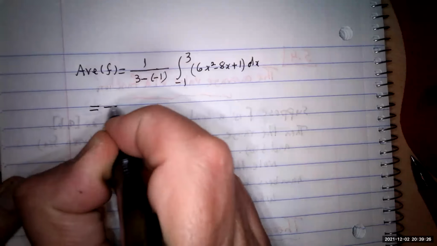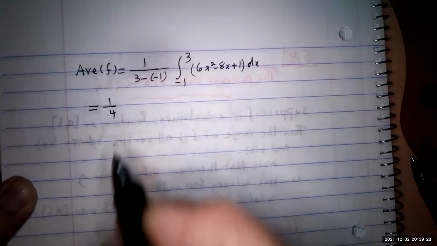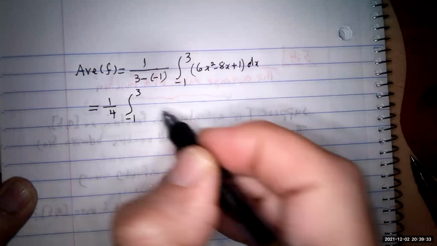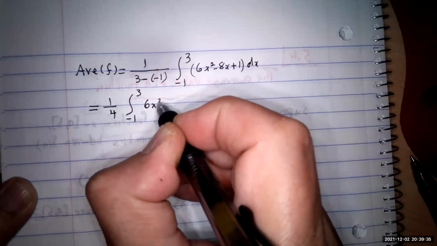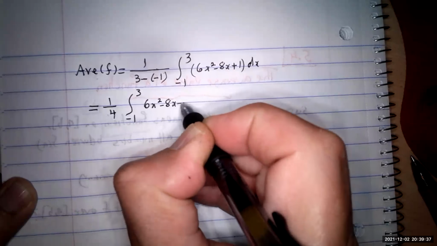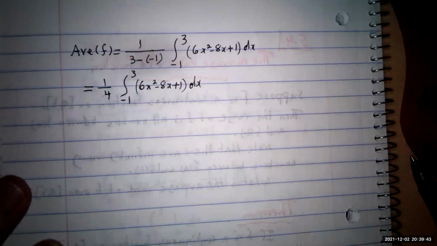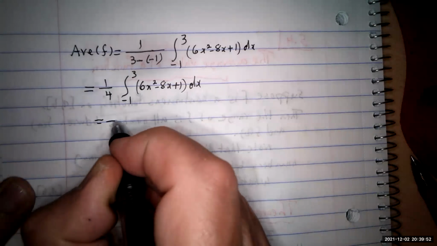It's going to be equal to 1/4 times the integral from -1 to 3 of the function 6x squared minus 8x plus 1 dx. It's just powers of x, so no substitution or anything is necessary. So you are going to integrate it. You keep 1/4.